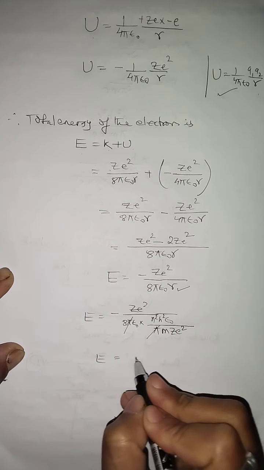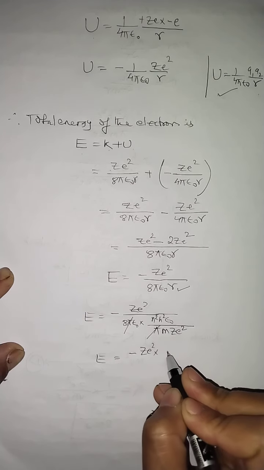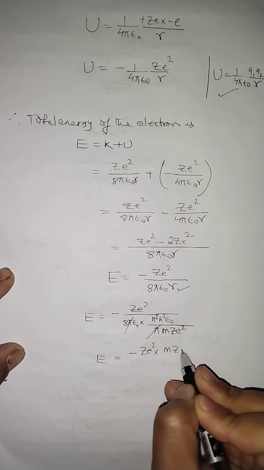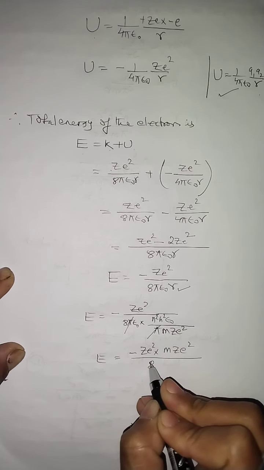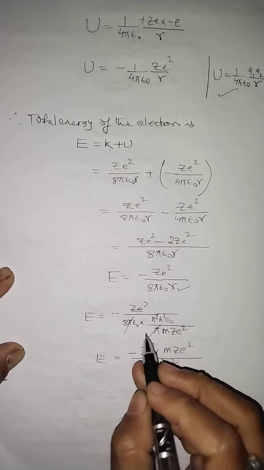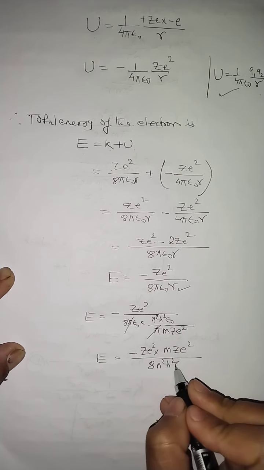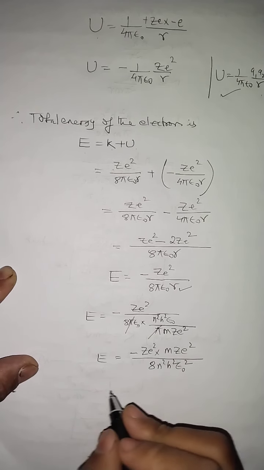So E equals minus Z E square. Now this m Z E square will go in the numerator, by 8 n square h square. Now epsilon naught into epsilon naught, if you multiply, will be epsilon naught square. Let me rearrange and write it down.